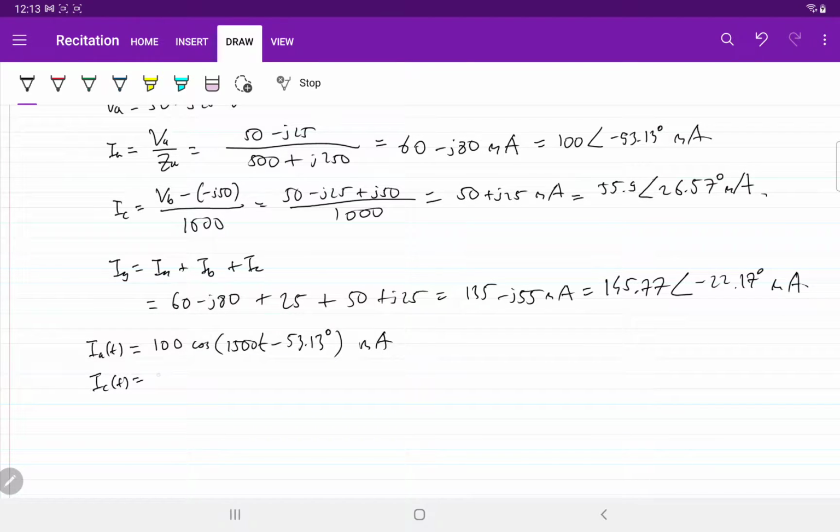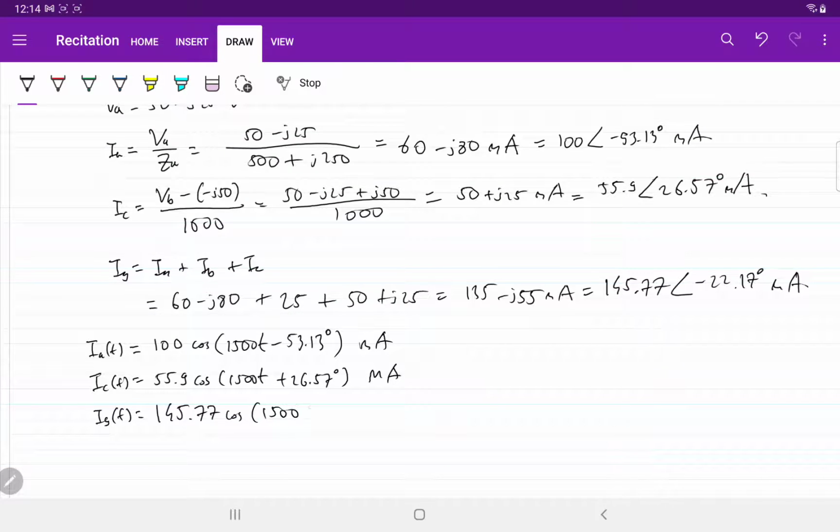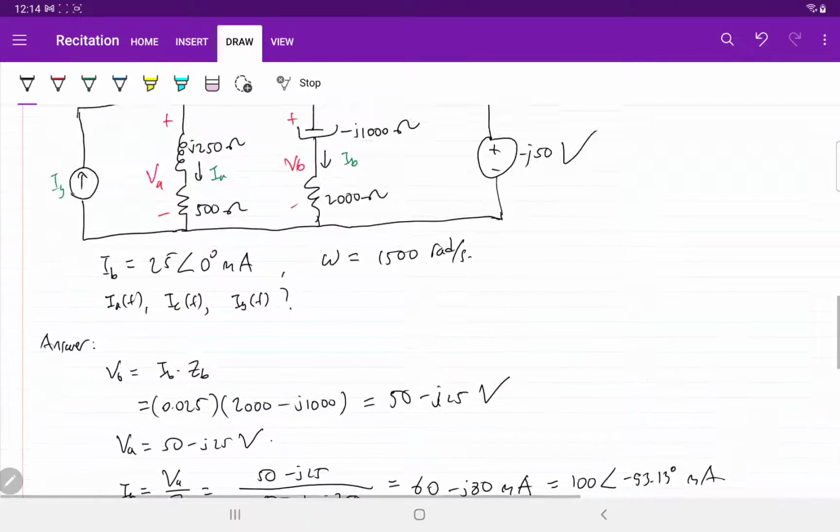IC of t is again 55.9 cosine 1500 t plus 26.57 degrees milliamp, and IG of t is 145.77 cosine 1500 t minus 22.17 degrees milliamps. Okay, so these are the final answers for problem number 3.